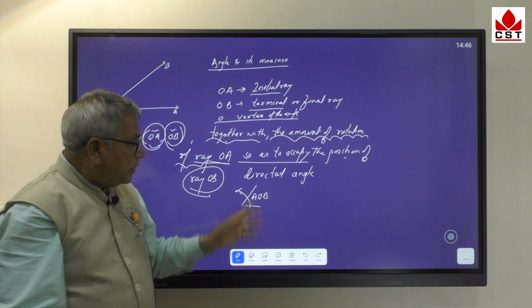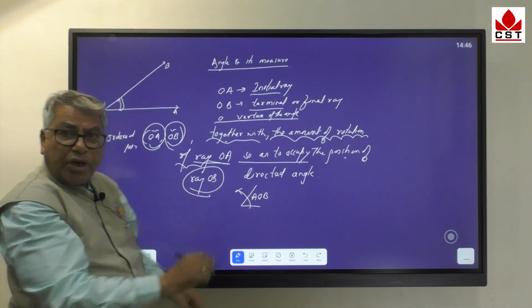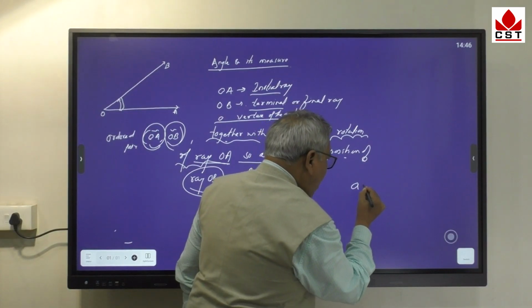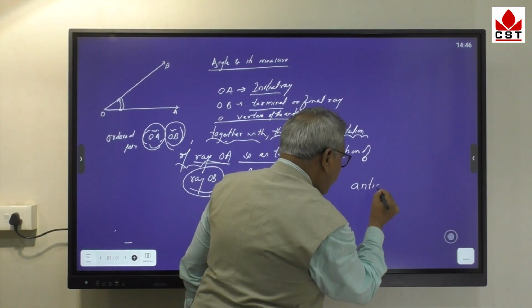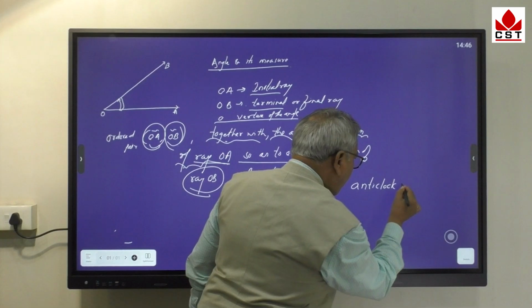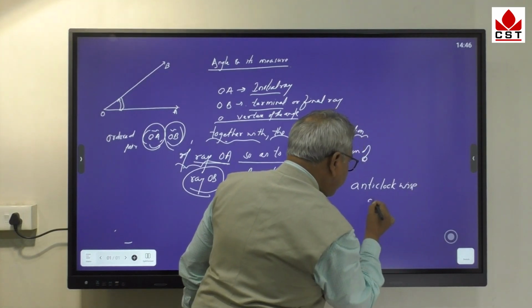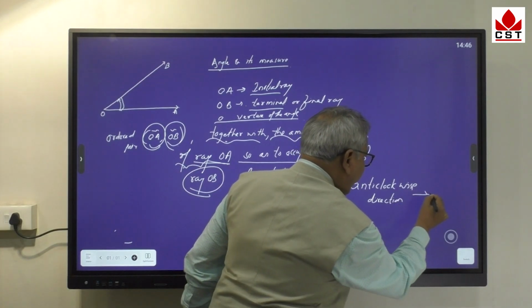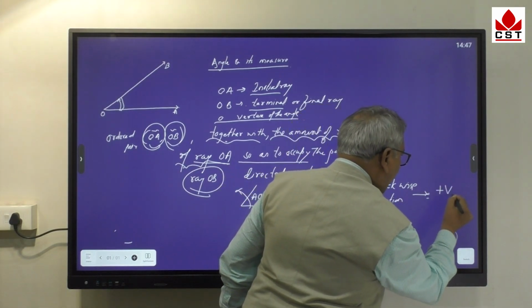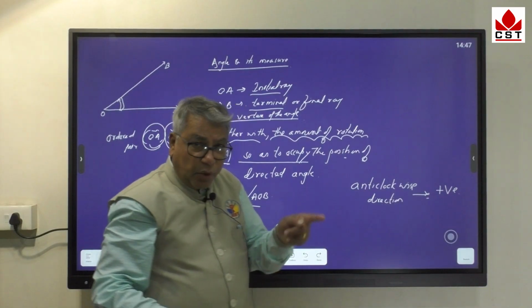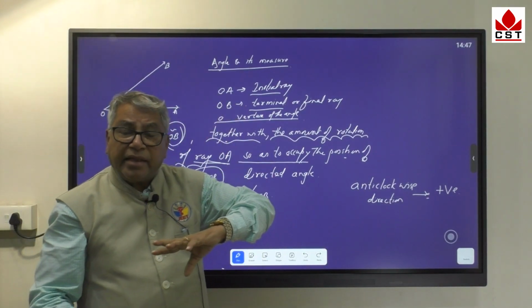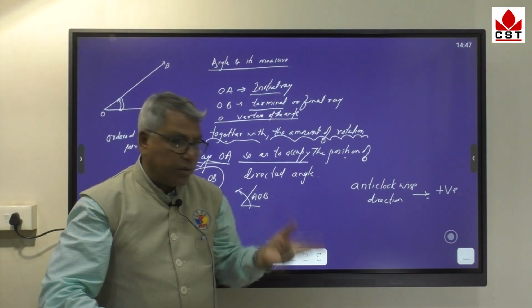Now here, if the rotation of OA is in the anti-clockwise direction, then the angle is considered to be a positive angle. If the rotation of the initial arm is anti-clockwise, the angle is considered a positive angle.